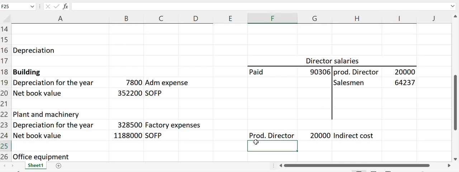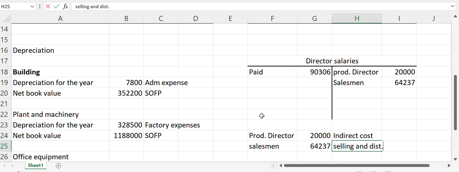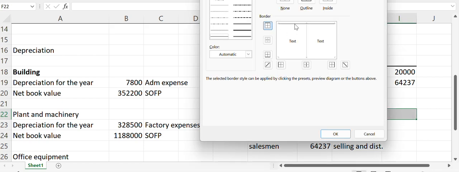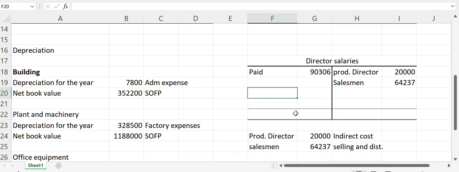So we are going to write here salesman. So 64 to 37, we are going to record that under selling and distribution. So that now here we can get the figure that we are going to record in the admin. So this is our total.